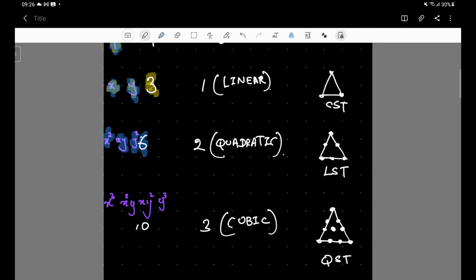In such cases, higher order shape functions are necessary to accurately describe the displacement at such locations.